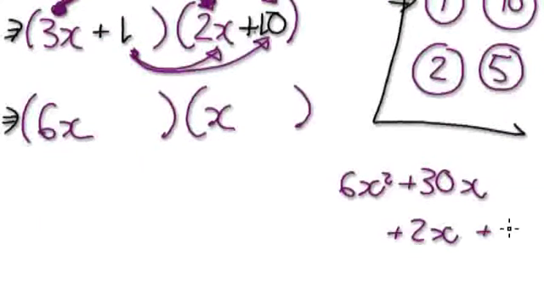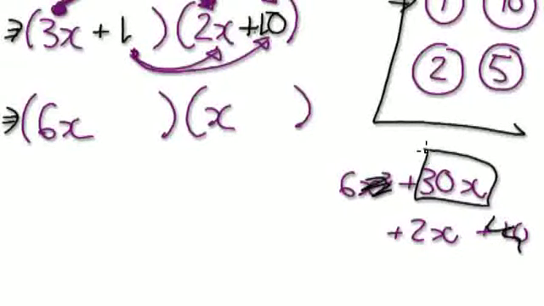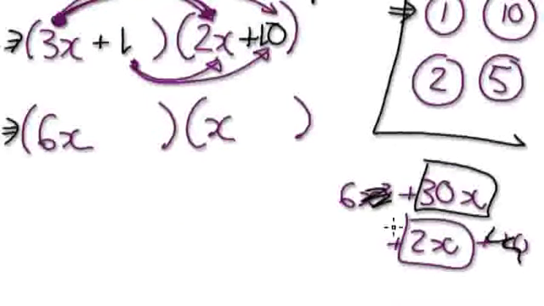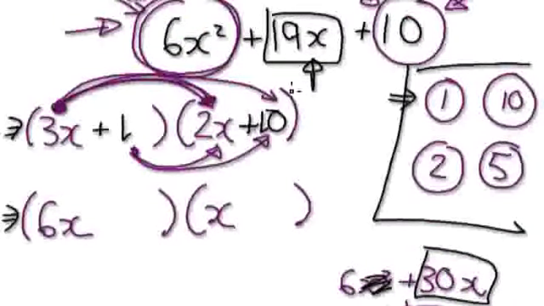Really we don't care about this at the moment. We are concerned with getting the 19x. Well, if you look at this here, it will give us 32x. So this here is not a good answer.